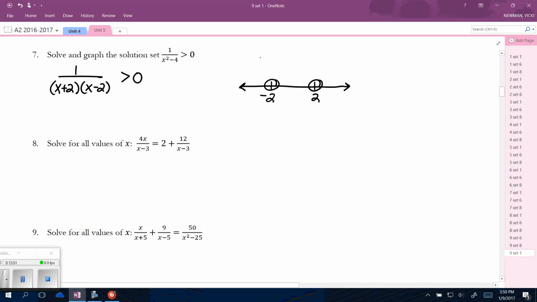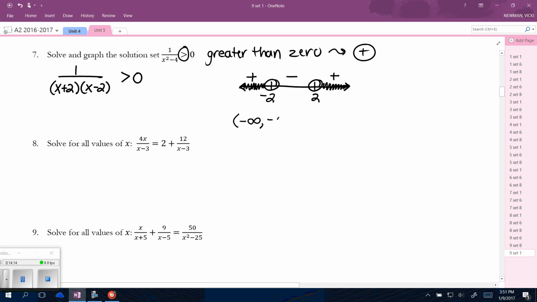So positive, negative, positive. This says greater than 0. Greater than 0 means positives. So we're going to shade that in. So our solution set is negative infinity to negative 2, union 2 to infinity.